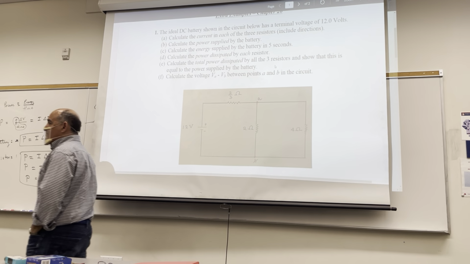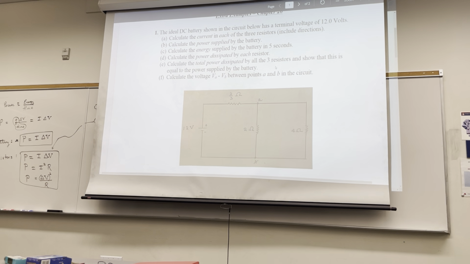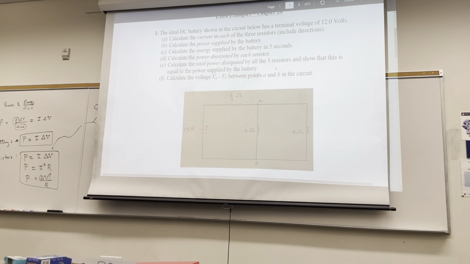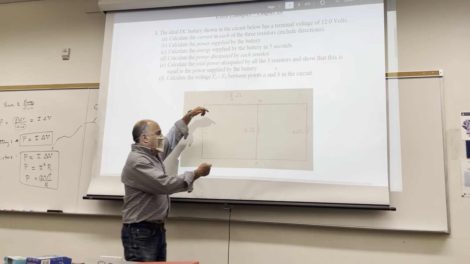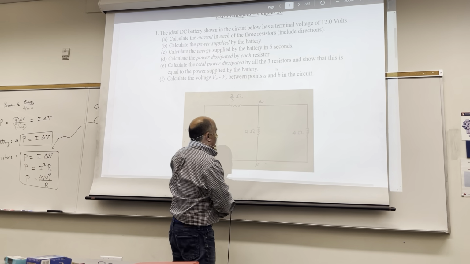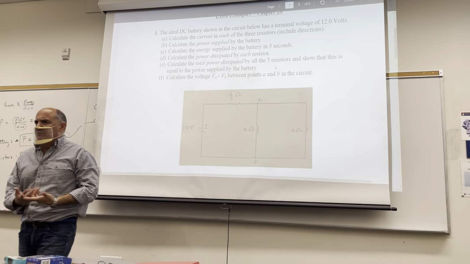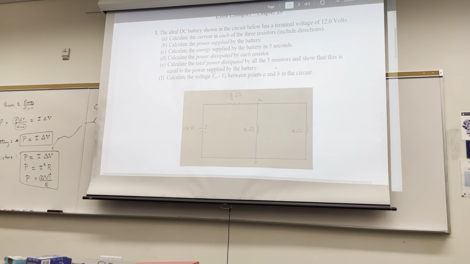Conservation of energy. Whatever the battery supplies, the resistors use up. And then, if I come with a voltmeter and I measure the potential difference between points A and B in the circuit, what would the voltmeter read? What's the voltage between points A and B in the circuit? So, let's tackle this example.